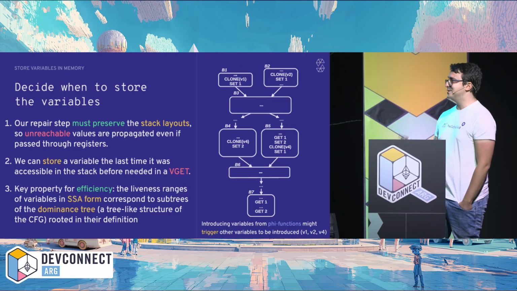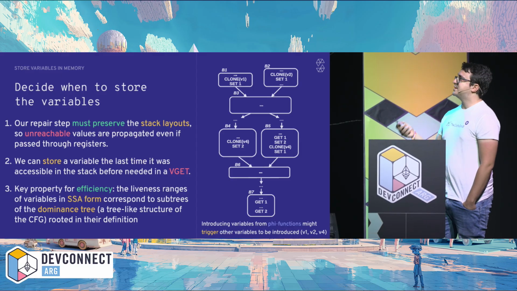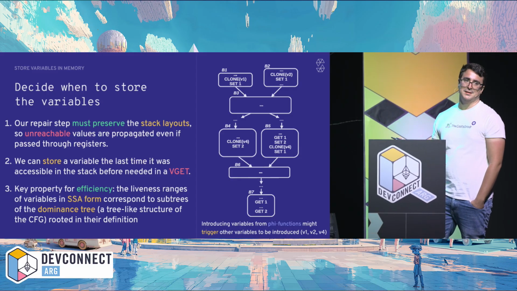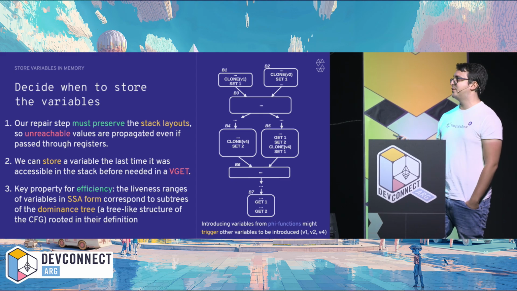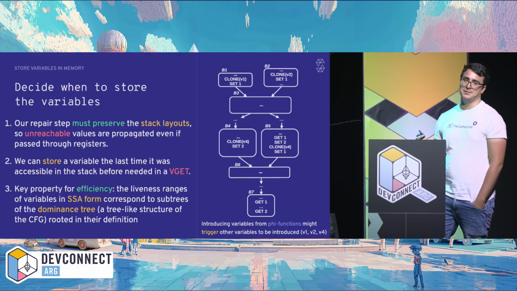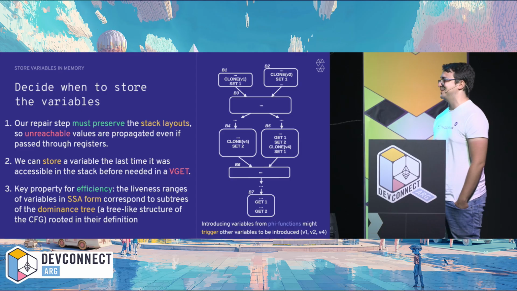Again, this is very technical, but just to give you an intuition. So we decide where things are stored, and again, we can do this in an efficient way thanks to the SSA. In a non-SSA setting, this is not that easy, because I have to decide where to store all variables, and you would like to have it in just one pass, and this is thanks to the SSA.